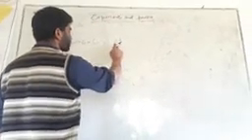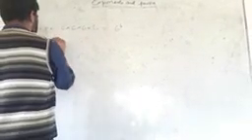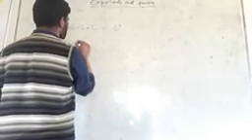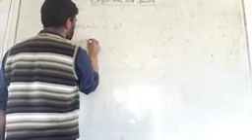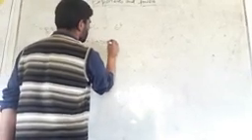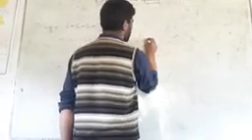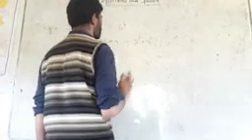It is the exponential form, and this is its expanded form. Or sometimes we have a number with a variable, such as 2 into 2 into a into a. It can be written as 2 raised to power 2 into a raised to power 2. 2 is 2 times, and a is 2 times.